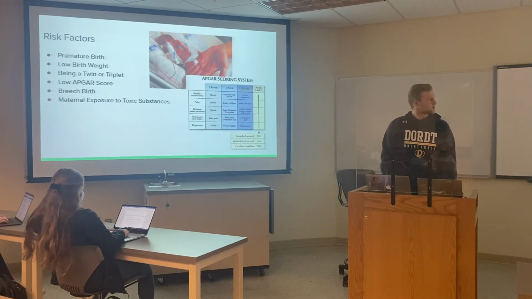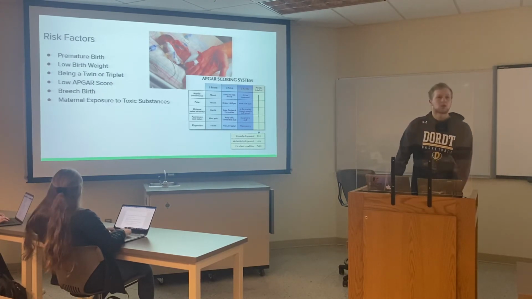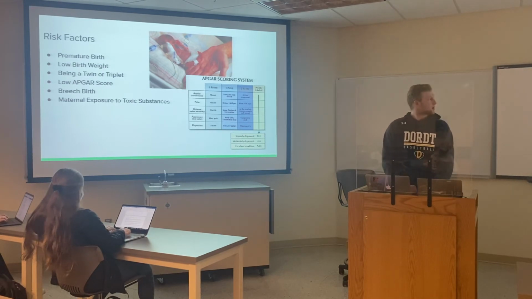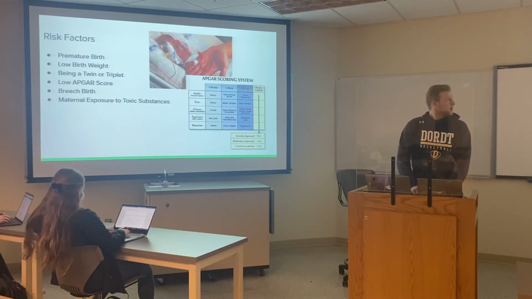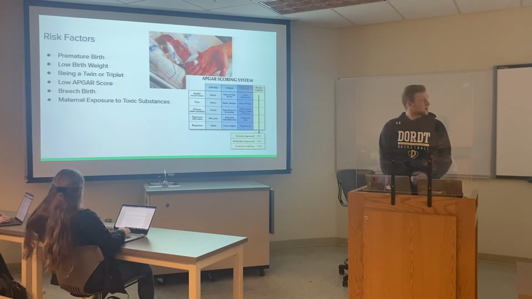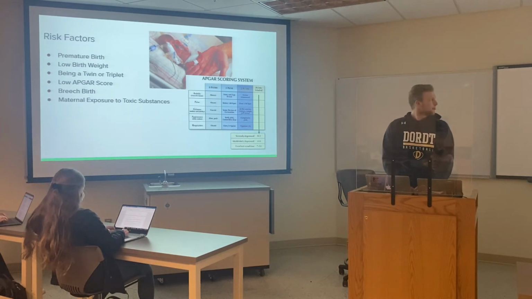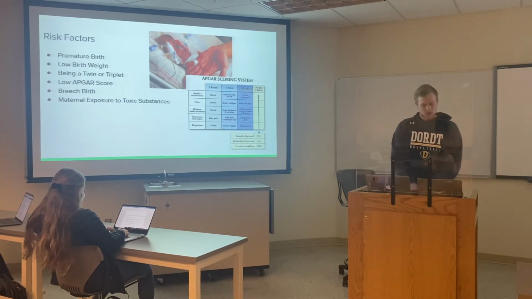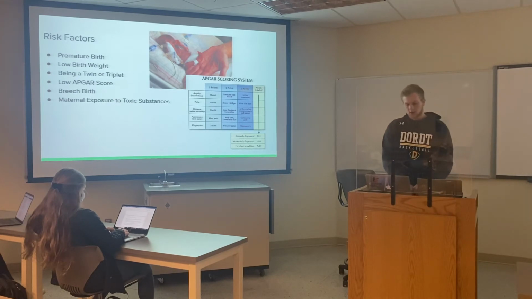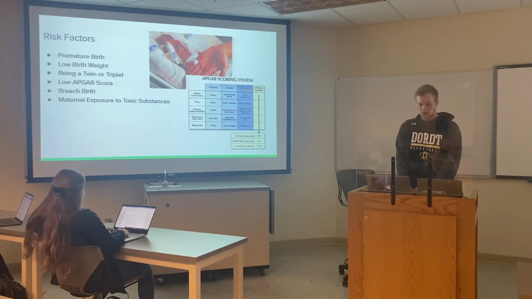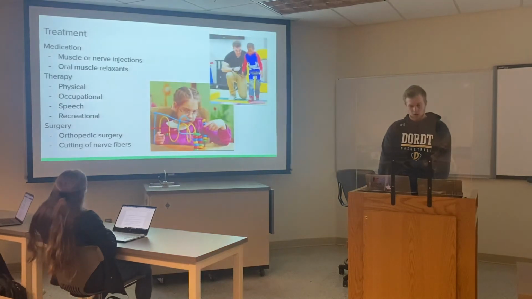The score ranges from 0 to 10, and the higher the score, the better. So if they have a low APGAR score, that can also be a possible lead to cerebral palsy. Breech birth is also another risk factor, and this occurs when the buttocks and the legs come out first. And then maternal exposure to toxic substances is also another risk factor.